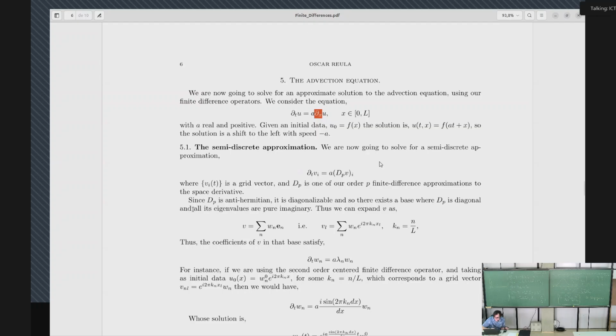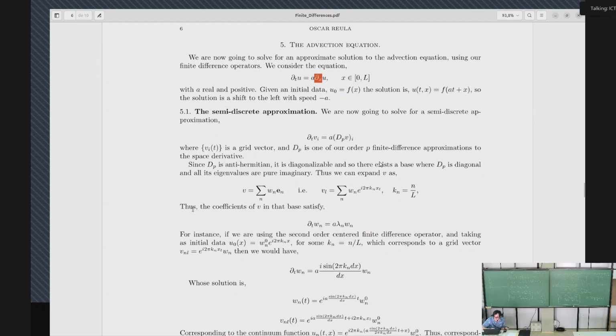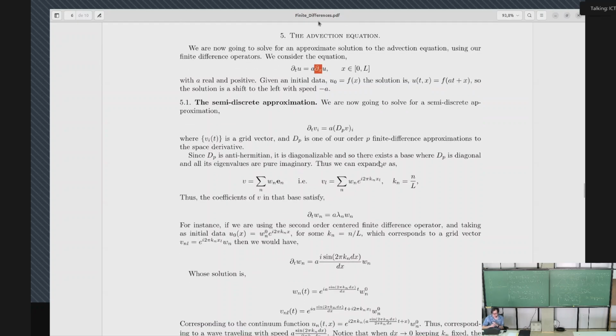So in this part you are taking the derivative operator, and here you are replacing it by the D operator that you are using. This is applied to the v, which is the spatial discretization that we have, and then you get this equation here. There is some notation here, but suddenly this problem becomes this problem.